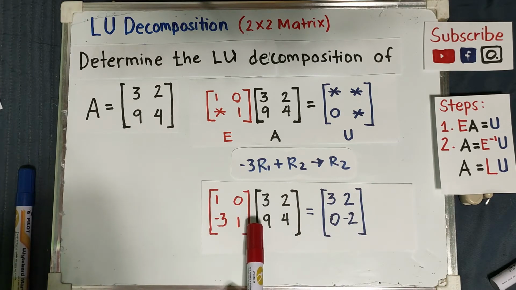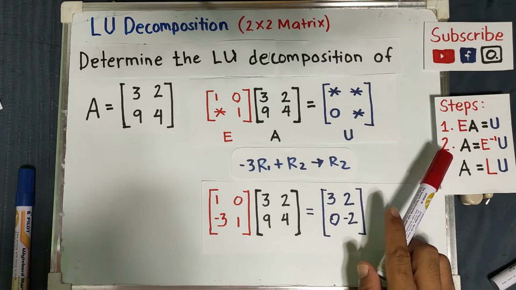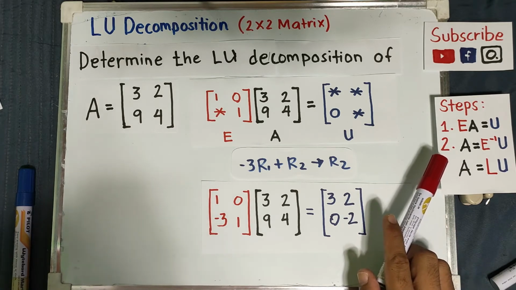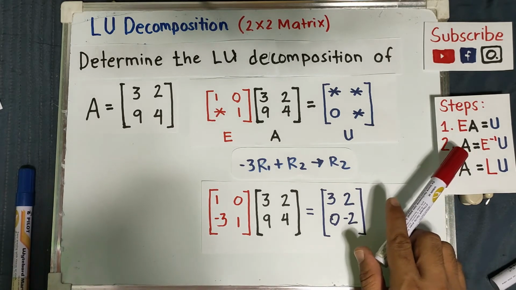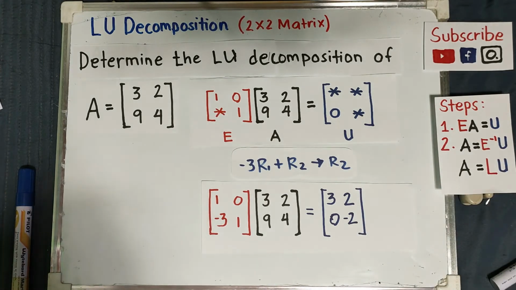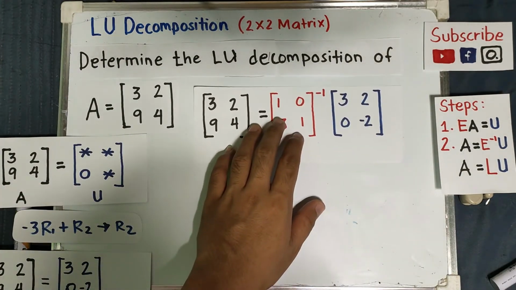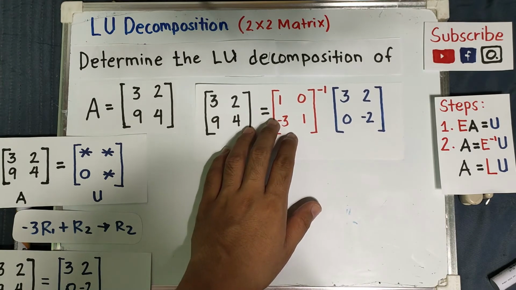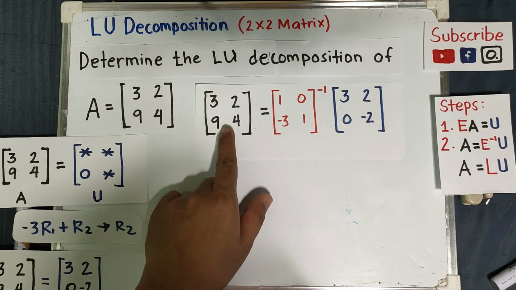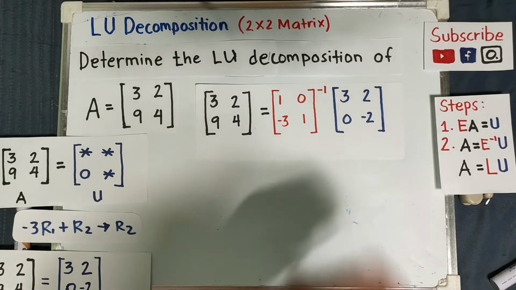Right, so let's proceed to step number 2. Step number 2: we will write it this way, A equals the inverse of the elementary matrix times U. Right? So, how do we write it? So, this is our step number 2. We have here our A, the inverse of E, and U, the upper triangular matrix.